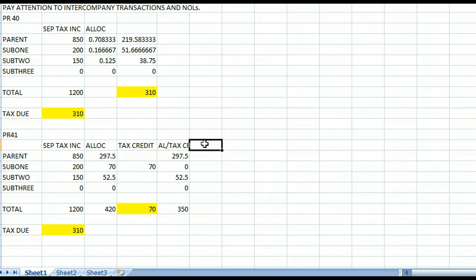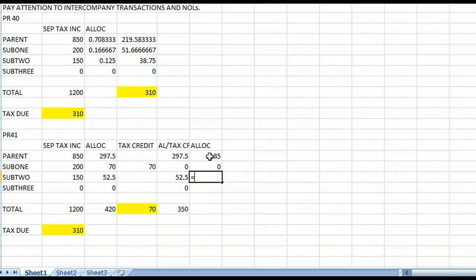So to do it, we're going to come up with an allocation rate now, but our allocation this time is going to be based on the relative tax liability. So we're going to take the 297.5 here, divided by the total of 350. So this is kind of like what we did above. 0 divided by the total of 350.